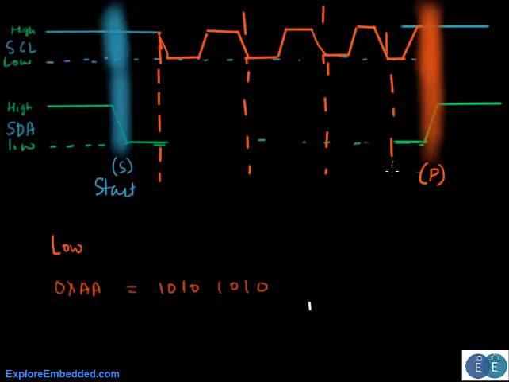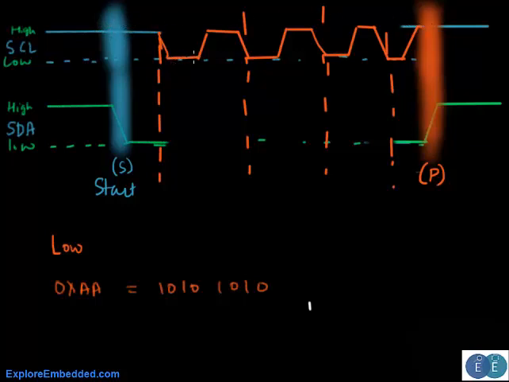Now what the protocol says is, for the receiving device to know whether a 1 is transmitted on the data line or 0 is transmitted on the data line, all the transitions from 0 to 1 or 1 to 0 should happen only when the clock is low, because we know that the start and stop conditions are defined when the clock is high.